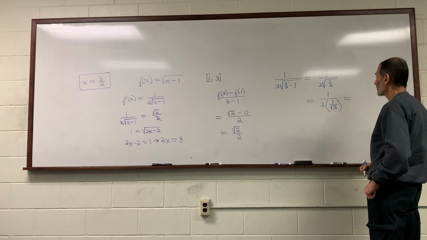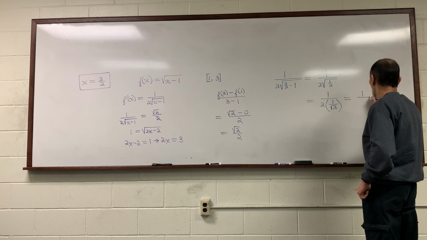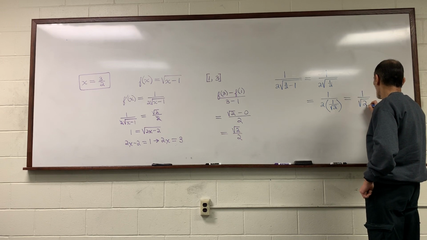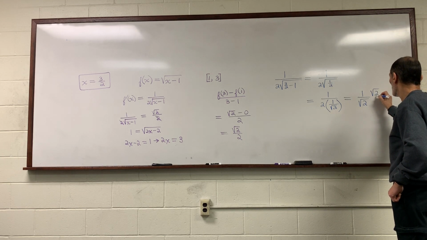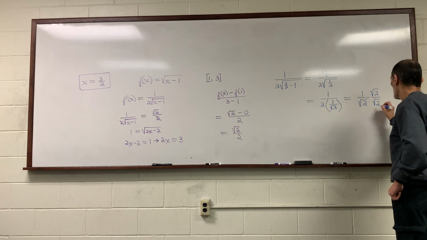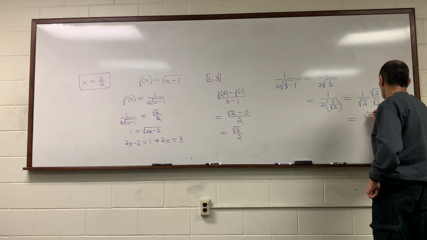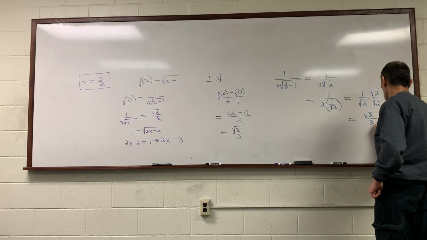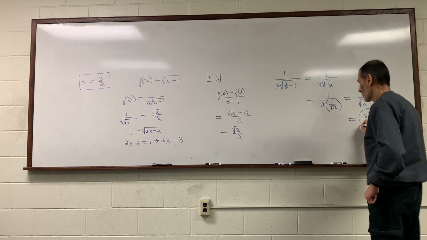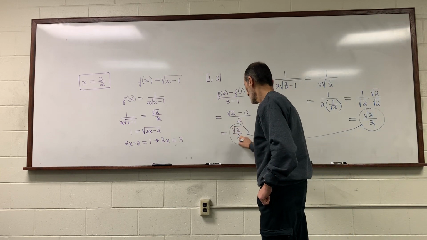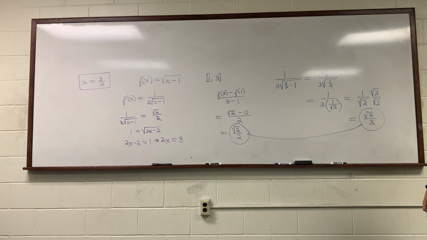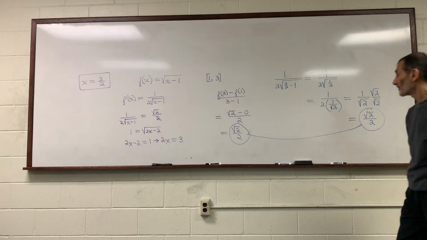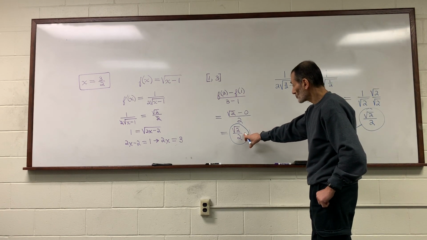Two over the square root of 2 is the square root of 2. And if you multiply this by the square root of 2 over the square root of 2, you get the square root of 2 over 2.